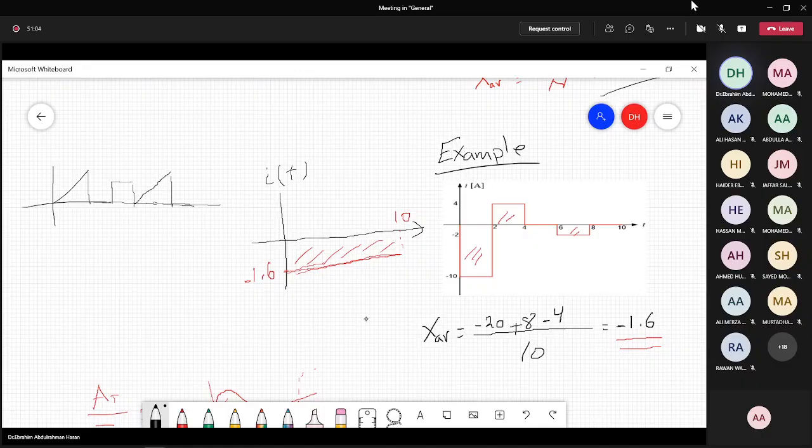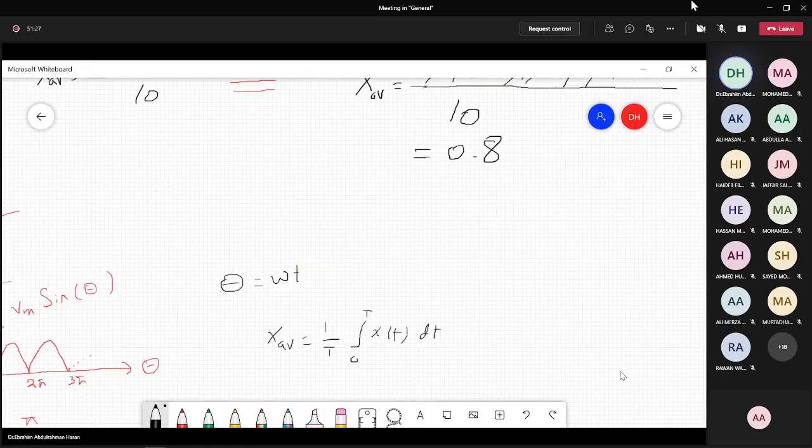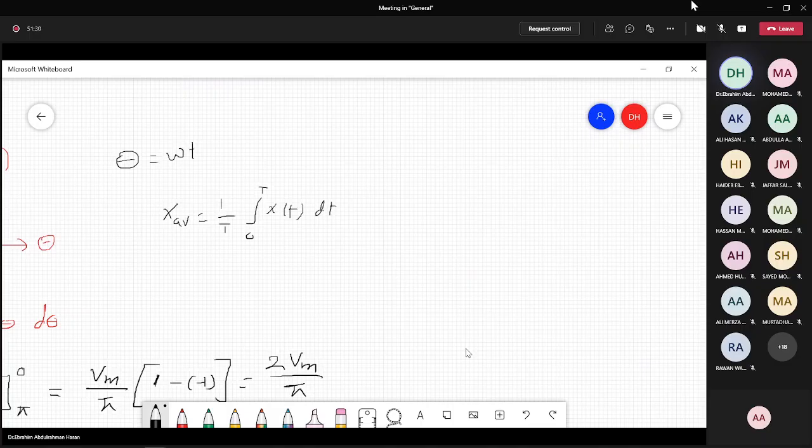For a triangle it is equal to half base multiplied by height, and for a rectangle it is just base multiplied by height. So you can find the area directly here without using integration. But if you have a curve, then you should use the general formula, which is integration.